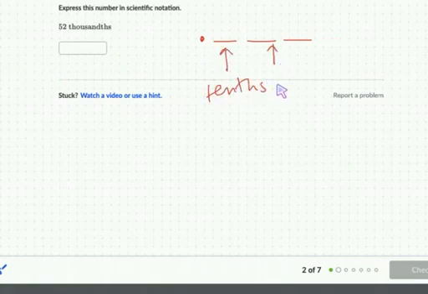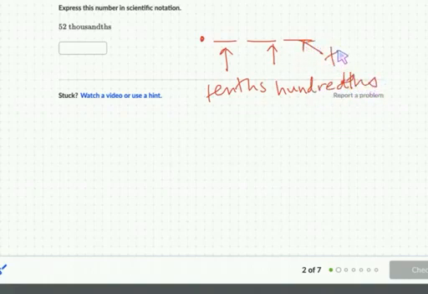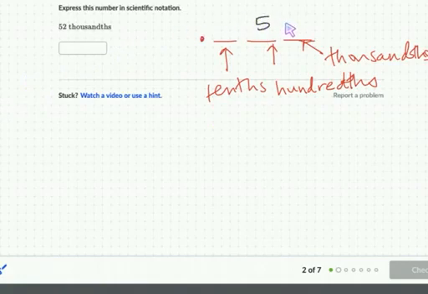This right here is the hundredths. And this right here is the thousandths. So what does that mean, 52 thousandths? That means I need to put the 52 in the thousandths place. And then I can fill in that 0 here. This is 52 thousandths.